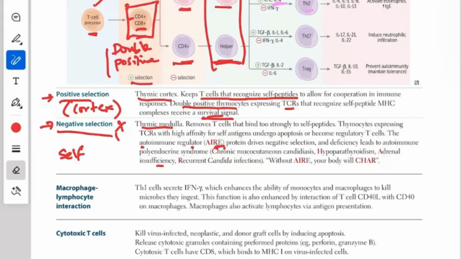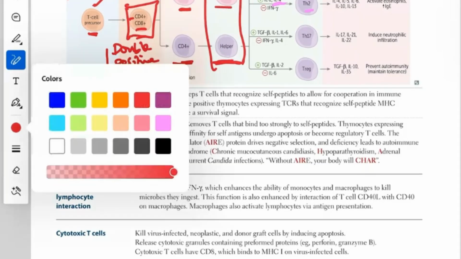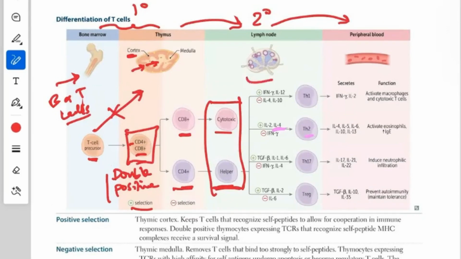So we are done with positive and negative selection, right? We have left the thymus now, and we are down here. This macrophage-lymphocyte interaction is what happens in the lymph node. The normal process has gone on in the thymus.